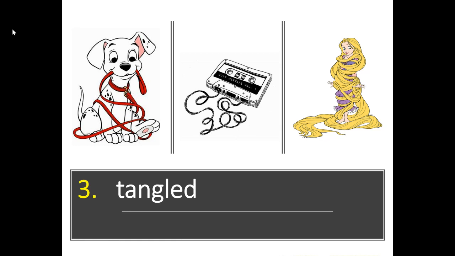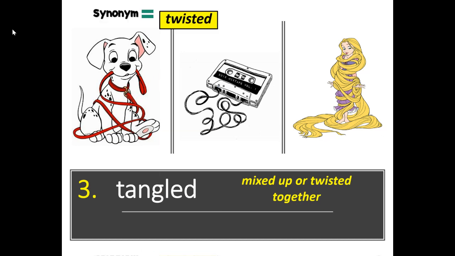Tangle is the root word, and then tangled. Tangled means mixed up or twisted together. So a synonym or word that means the same could be twisted.